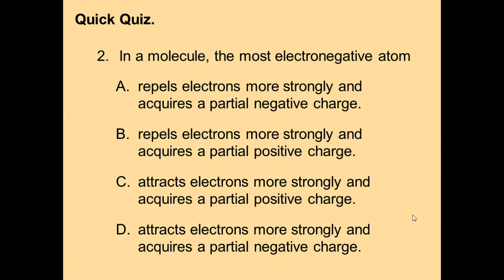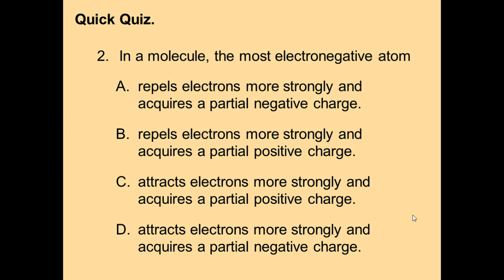C, attracts electrons more strongly and acquires a partial positive charge. Or D, attracts electrons more strongly and acquires a partial negative charge. So if we have an electronegative atom, I remind you that the definition of electronegative is atoms that want to steal an electron.